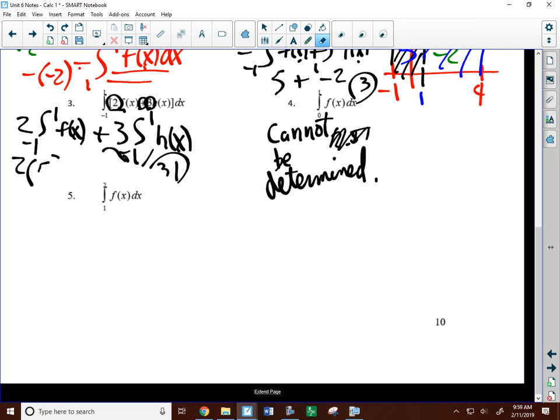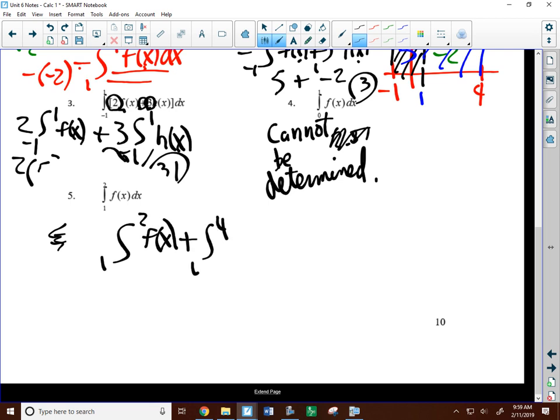So here's what I can do. 1 to 2 of f of x plus 2 to 4 of f of x, excuse me, equals the integral of 1 to 4 of f of x. So this is actually using additivity, and it's the same as number 2.